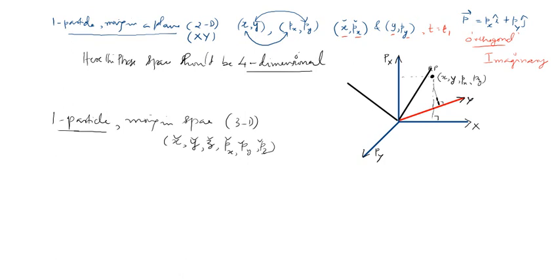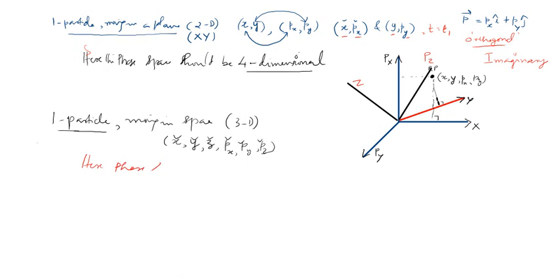So here, the phase space is 6-dimensional, right? 6-dimensional.